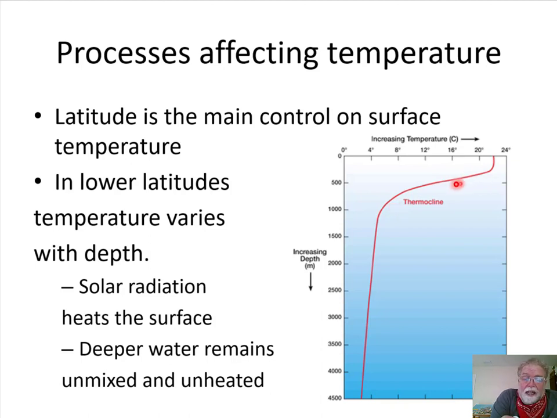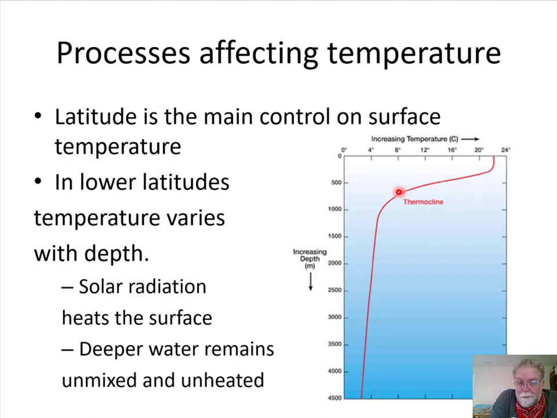So a thermocline is a change in temperature, a halocline is a change in salinity, a pycnocline is a change in density. I mean, they'll put anything in front of -ocline and talk about how it changes as you go down through the water.